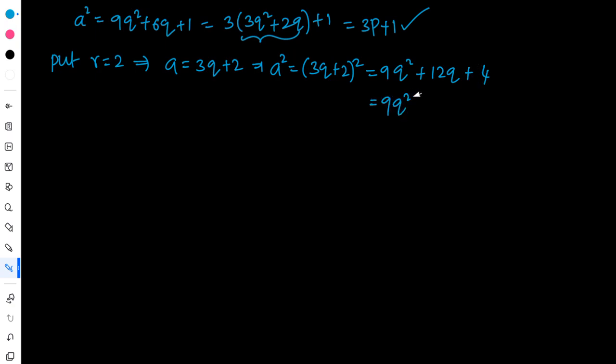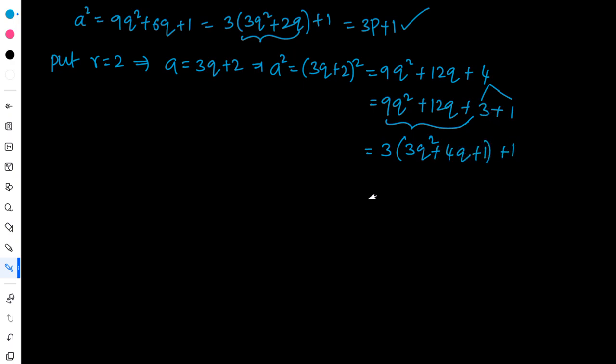Now write this one: 9q square plus 12q plus 4. Always we have to write it so that 3 into something comes. For 3 into something to come, we need to split this 4. How to split 4? Split it as 3 plus 1. So from the first 3 terms, what is common? 3 is common. Taking 3 common, 3 into 3q square plus 4q plus 1, plus 1. Now treat this as p, 3p plus 1. So finally we proved the square of any number must be in either 3p or 3p plus 1. So okay, hence proved.